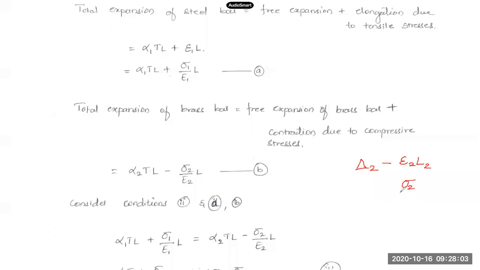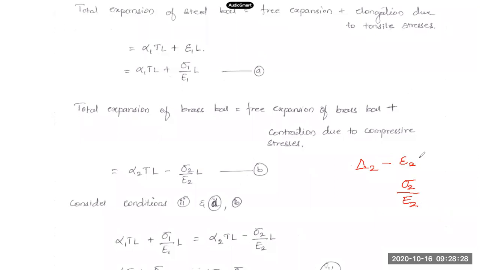So what are these compressive stresses? Sigma 2. From that I can obtain the compressive strain, sigma 2 by E2, and that strain multiplied by the original length L. L1 and L2 are the same, so it is simply L here.